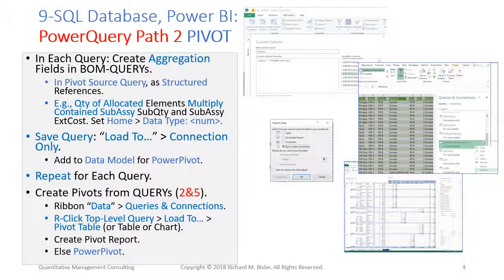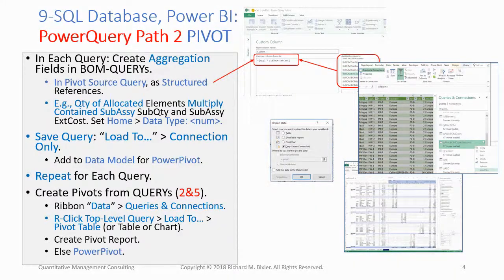In the query just constructed on the previous slide, there was a step to create aggregation fields if they're needed. Usually that's when using a BOM table to explode elements in table alloc. First, let's cover how to build those aggregation fields. In the query editor, add Column tab, General section, Custom Column button.